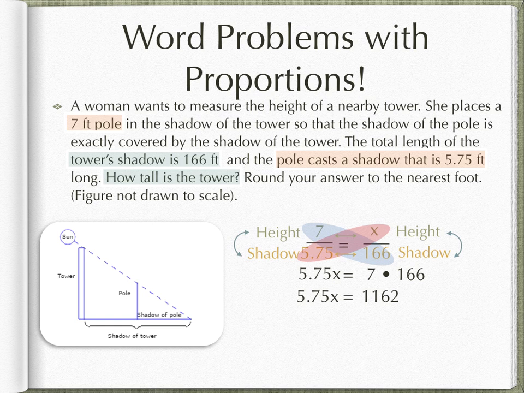Then we want to get x by itself, so we need to divide both sides by 5 and 75 hundredths. When we do this, we can plug it into our calculator and get 202 and 8 hundredths. Then we round to the nearest foot, leaving us with 202 feet.